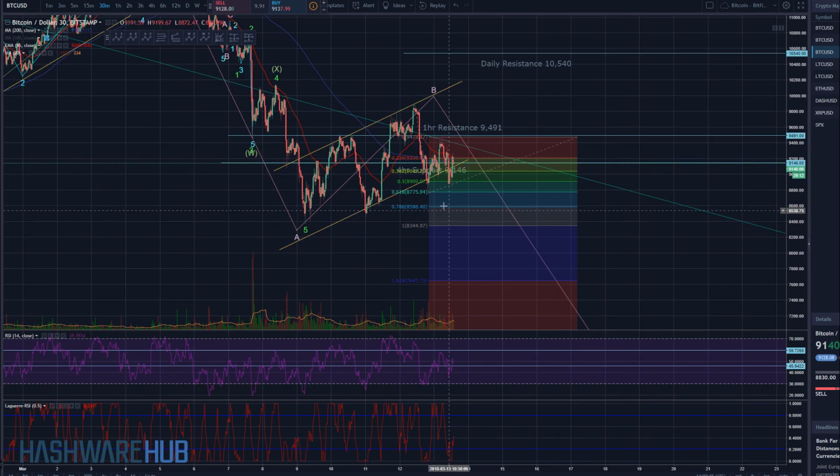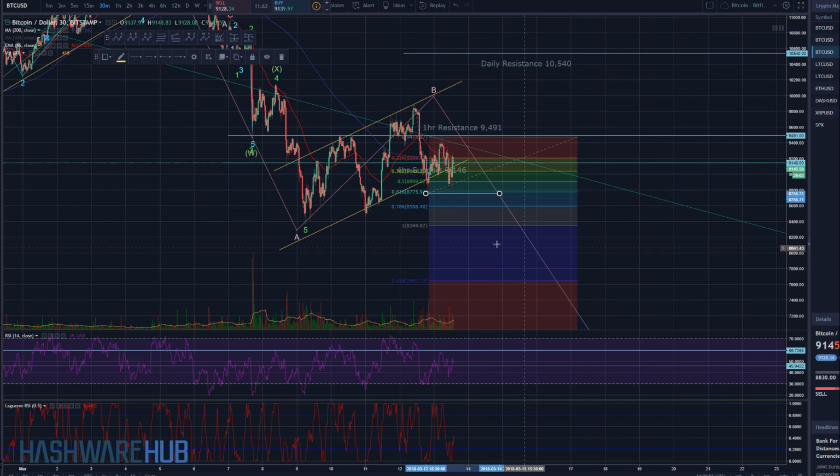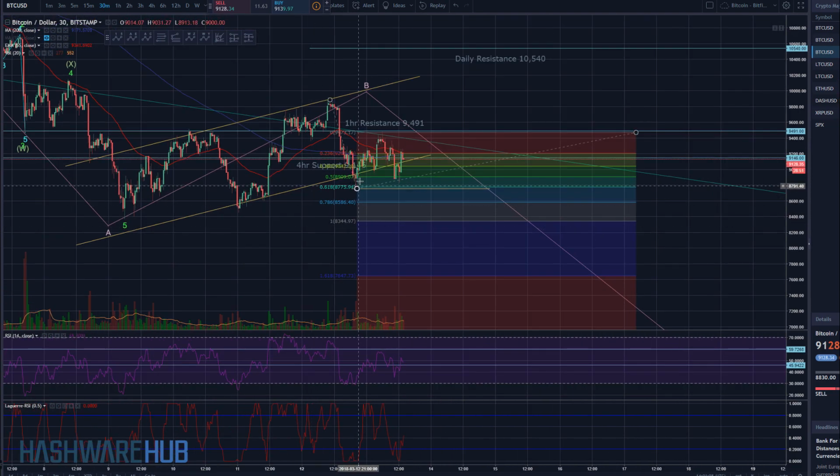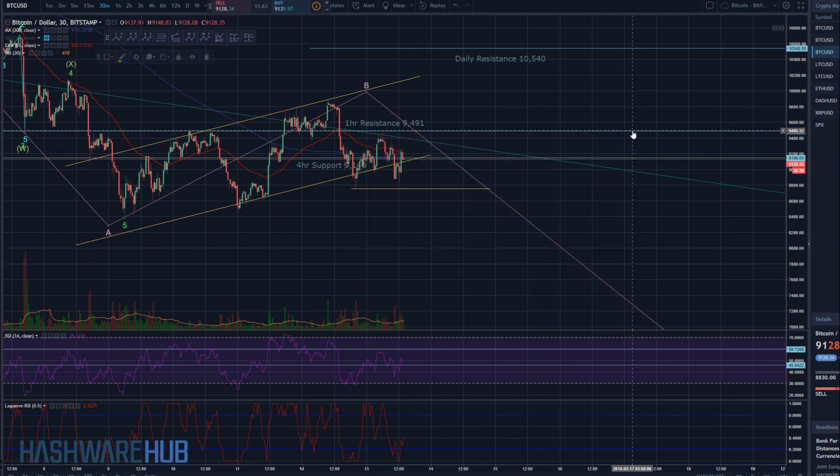One way to go about this, and this has been around for a long time, is you would look to see that the market would drop below this, call it about 8,755 level, which is basically the bottom of this candle right here. You would look for it to drop below there, and then target about this 8,344 level. That's one way to go about doing it, and shorting it on that basis.